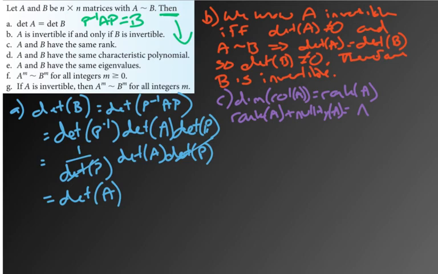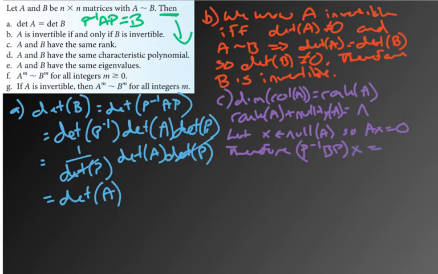All right, so I'm going to start and just say let X be in the null space of A. So AX equals 0. And then we know that A is similar to B. Therefore, I'm going to rewrite A as P inverse BP times X, and that still should equal 0.